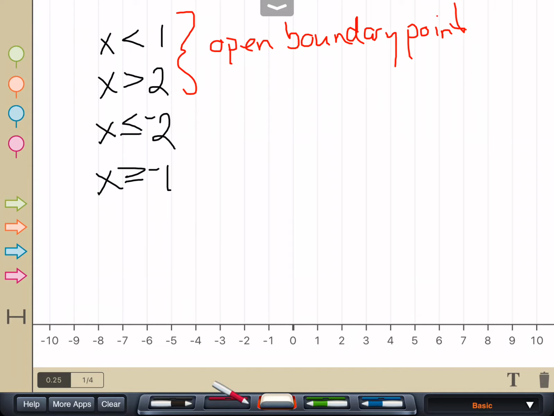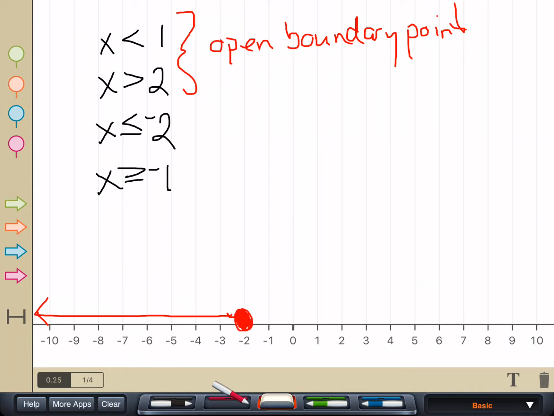Okay? Now with these next two, let's take a look at that. We have x is less than and equal to -2. So there's my -2, and x can be any number less than -2, but it can also be -2 this time. So we fill in the boundary point to show that it can be -2.